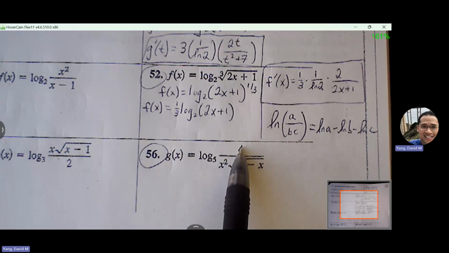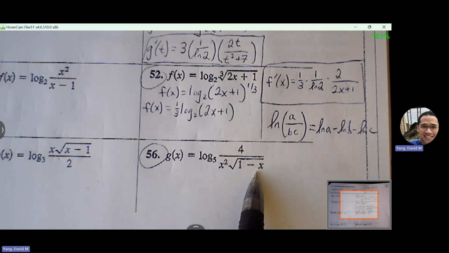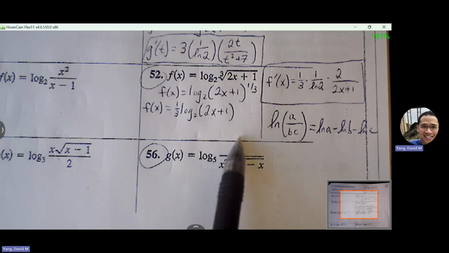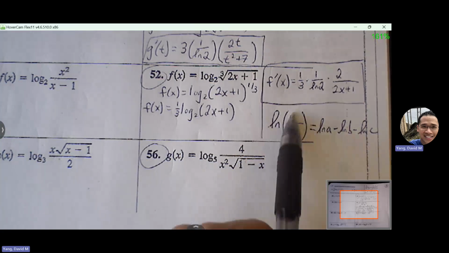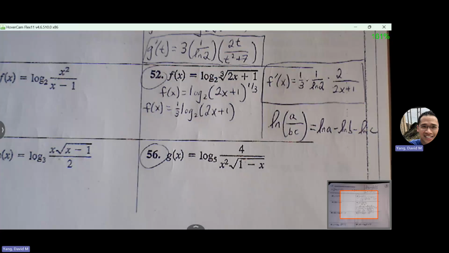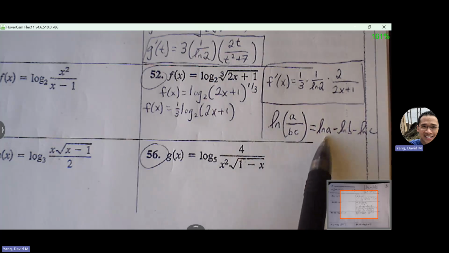You've got that numerator, and then you have the denominator as 2 terms. It's basically log of 4 minus log of x squared minus log of root 1 minus x. So we can jump directly into our expansion and not have to worry about doing multiple steps of quotient and product property. If something is in the numerator, it'll be part of a positive log or natural log.